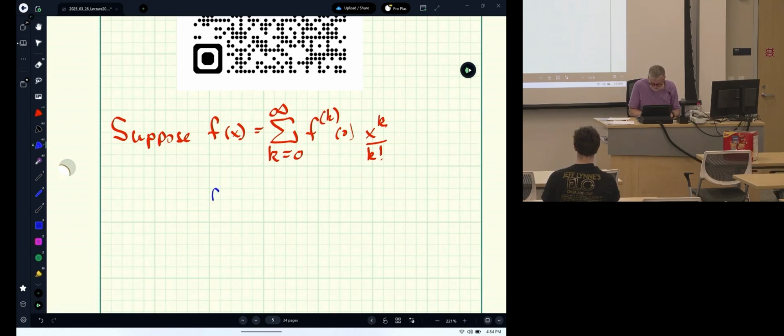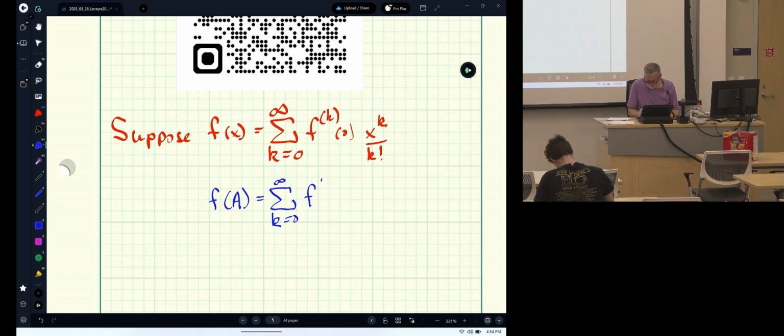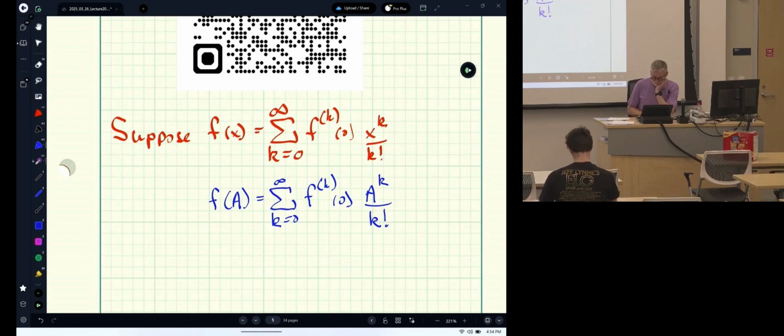Then f of a matrix A is just this. I'm taking t equals 1 in the exponential. Okay, suppose we have that.